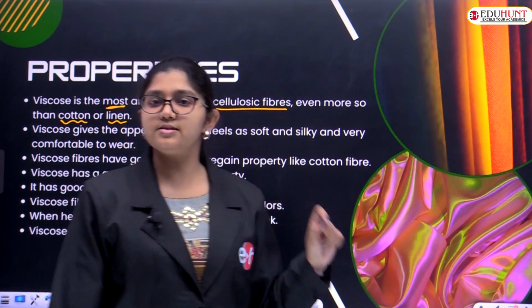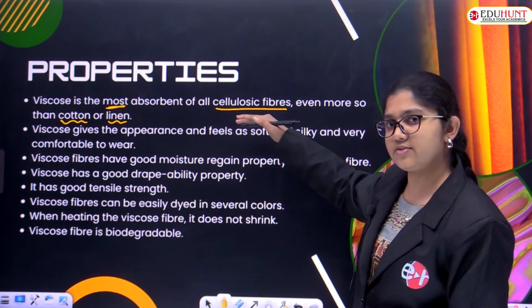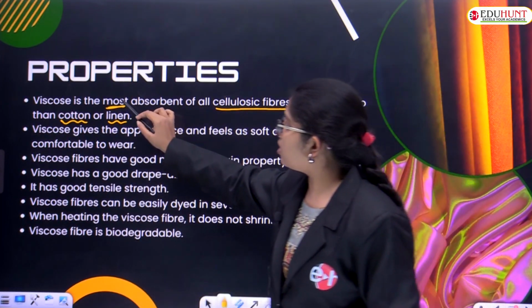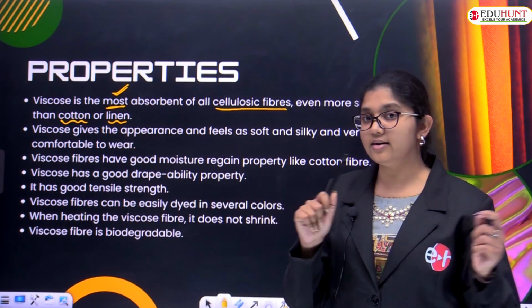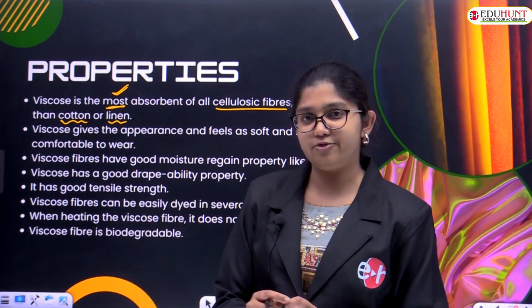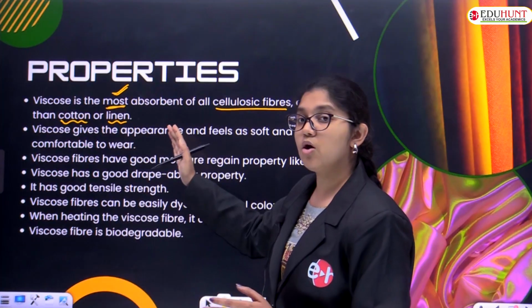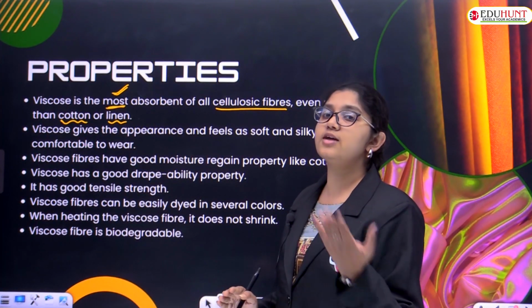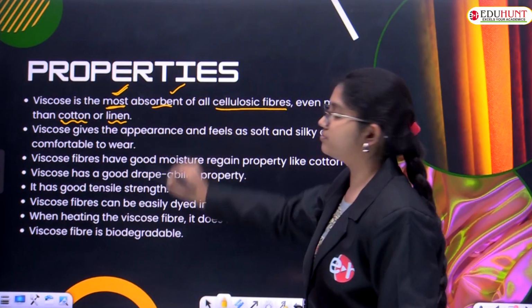Rayon is a semi-synthetic fiber, a man-made fiber, but it is almost more absorbent than cotton and linen. In the summer season we mostly wear cotton clothes for comfort, but rayon has that property even more than cotton in absorbing moisture and sweat.